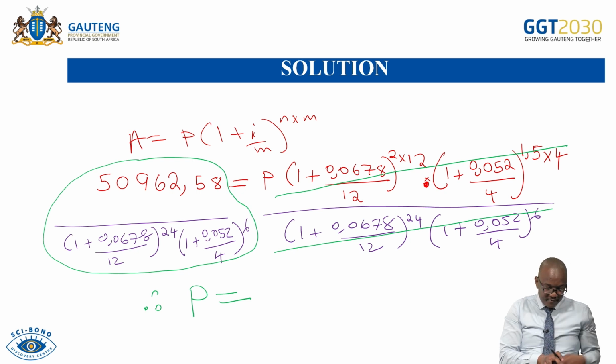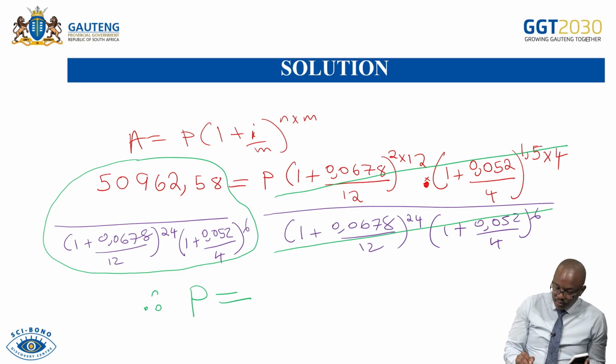You will have 50,962.58 divided by 1 plus 0.0678 divided by 12, to the power of 24, then another bracket with 1 plus 0.052 divided by 4 to the power of 6.